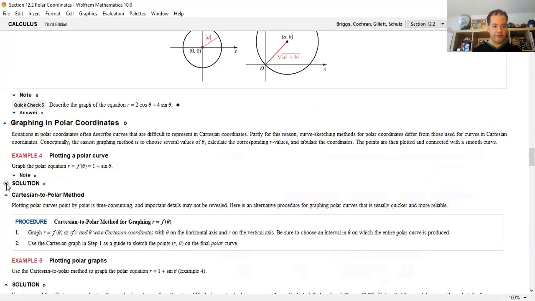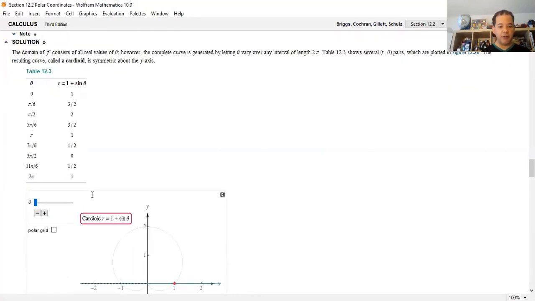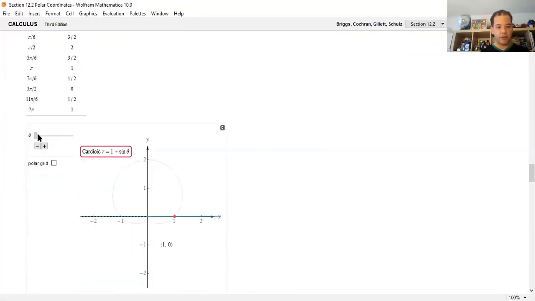Okay, so here's first a more detailed solution. If you plot more points, so you can see here on the screen, if you plot 0 and pi over 6, pi over 2, 5 pi over 6, etc., you can get these radii. And then with those, you can plot those points, and it would make this shape, this cardioid shape, right?